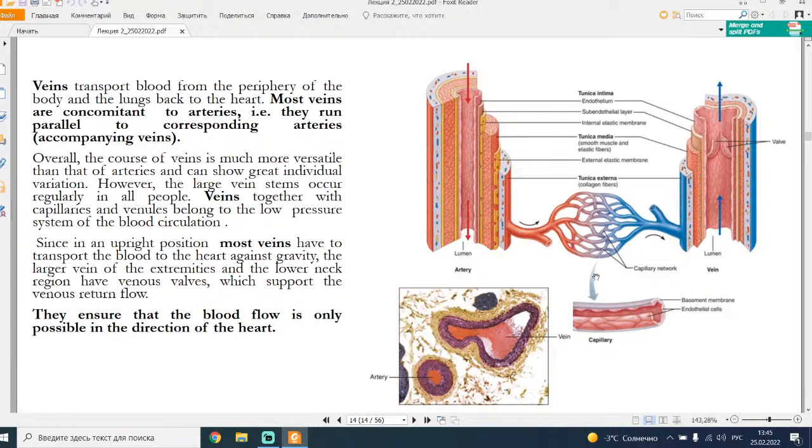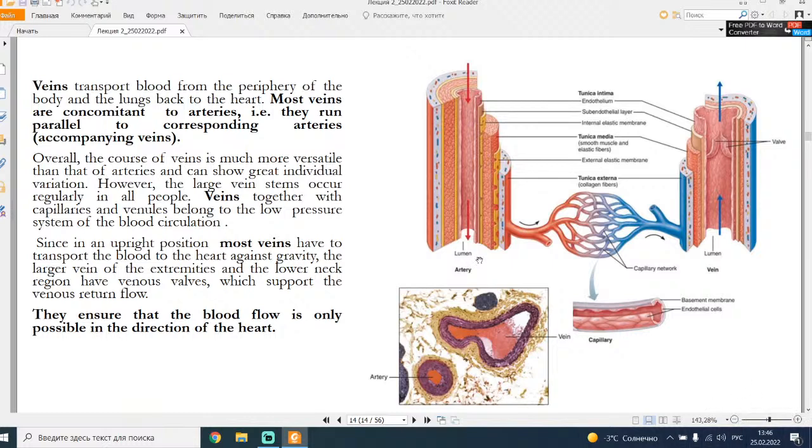Veins transport blood to the heart and run parallel to corresponding arteries. Overall, the course of veins is much more variable than that of arteries and can show great individual variation. However, the large vein stems occur regularly in all people.